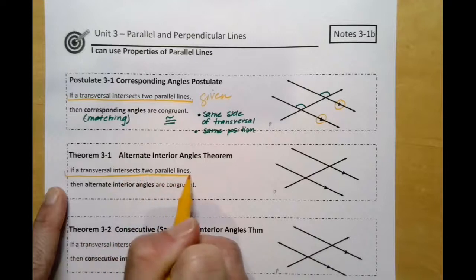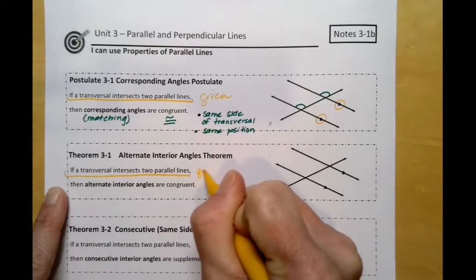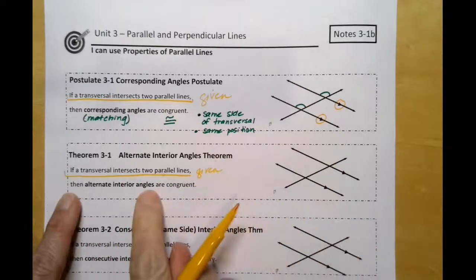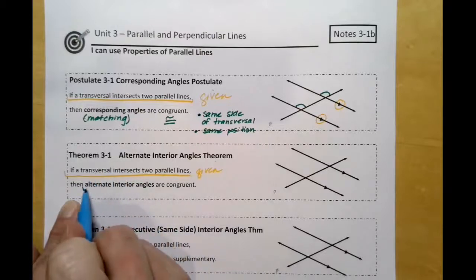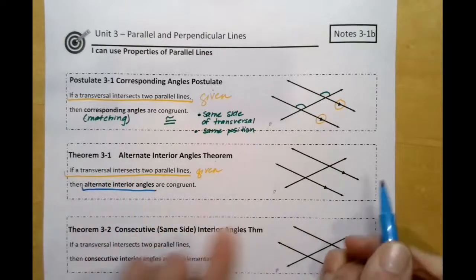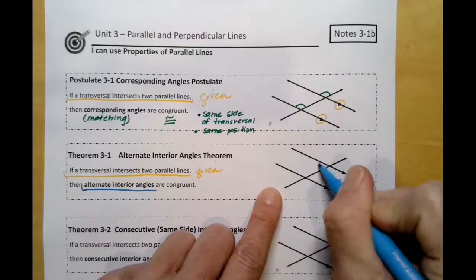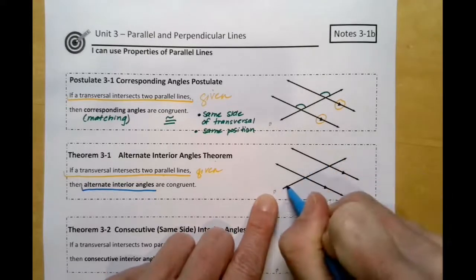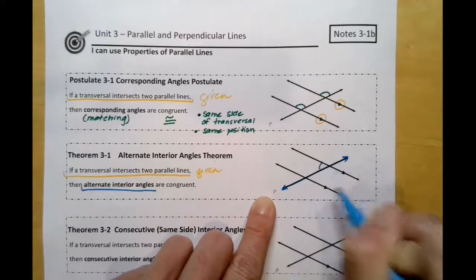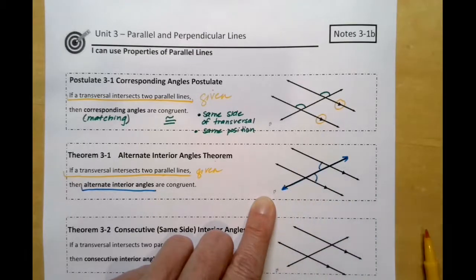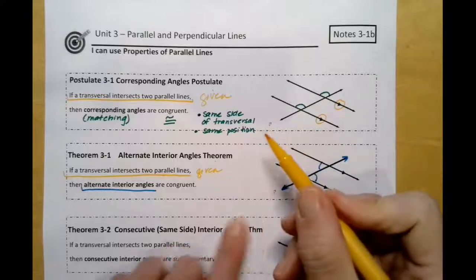If a transversal intersects two parallel lines, remember that's our given, then our alternate interior angles are going to be congruent. So our alternate interior angles, remember that tells you where they are, on alternating sides of the transversal. So if this is our transversal, one angle is on this side and the other angle's on this side. And it says they're in the interior.